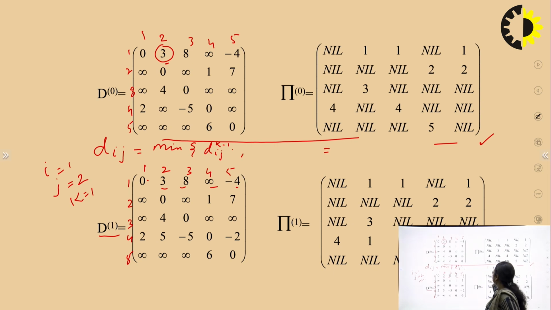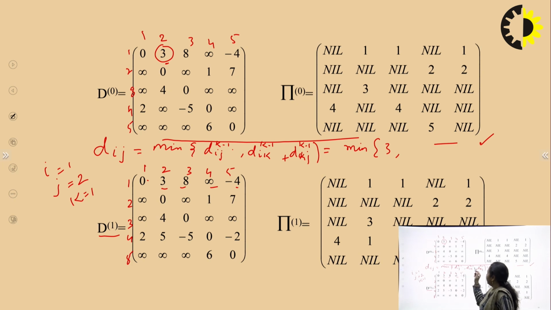That is 3, minimum of 3. Next, what has been written? It is written D_ik^(k-1) plus D_kj^(k-1). I have to choose among these two.